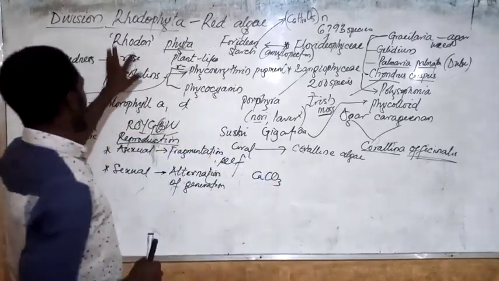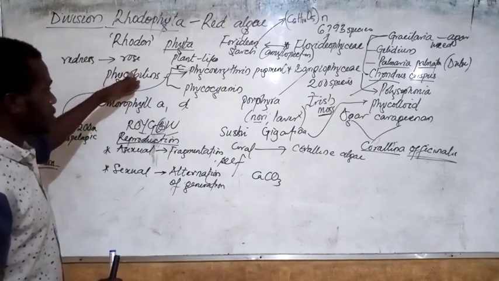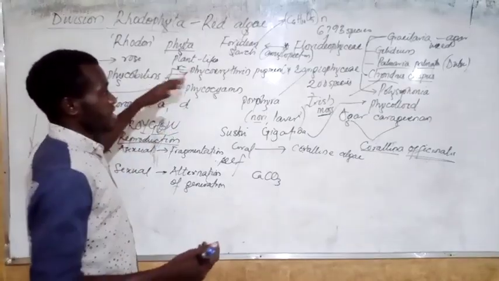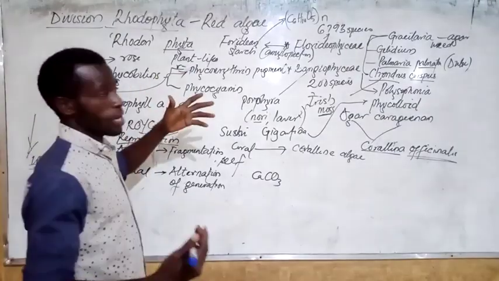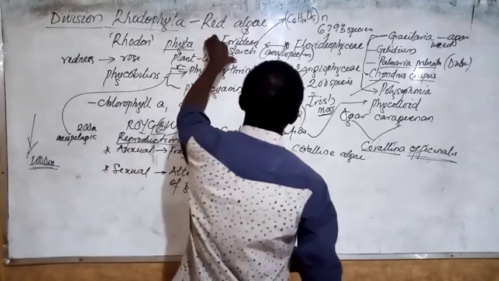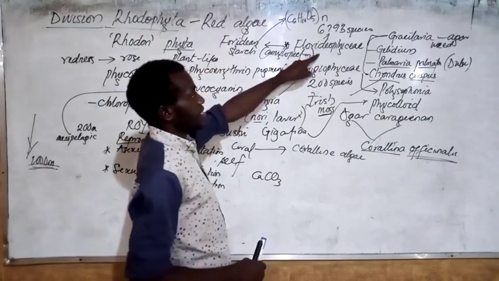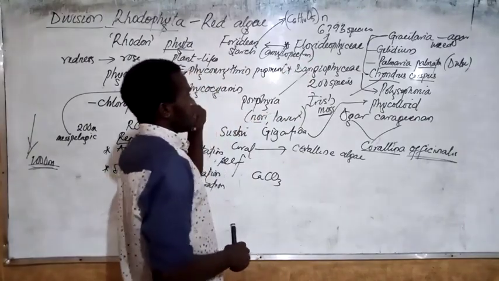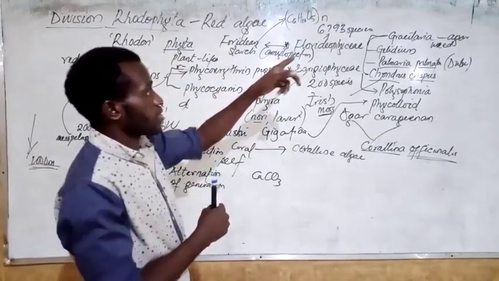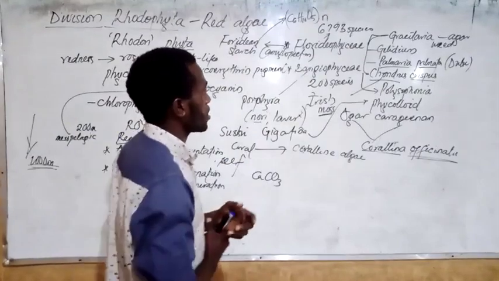We said they are named after the rose plant because of their red coloration, and of course they are showy, they are very beautiful in appearance. The stored food is Floridean starch. Those are basically the two classes, class Florideophyceae and class Bangiophyceae, with 6,793 species as of 2022, and Bangiophyceae 200 species.